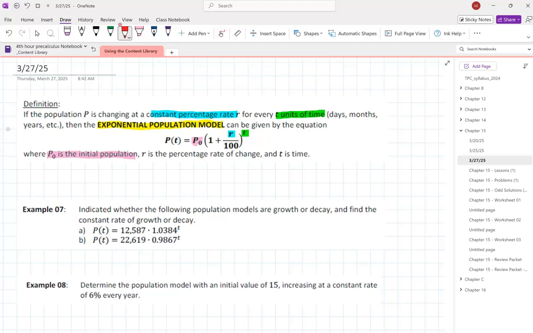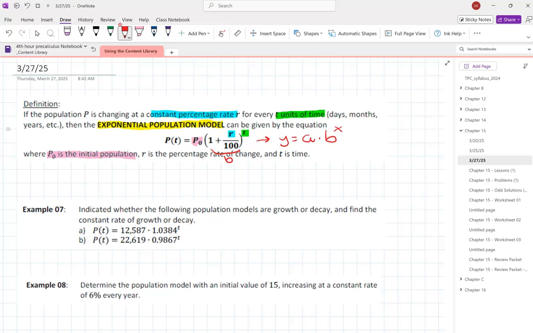So if you squint real hard at this model, you're going to see that it's really just that A times B to the X, where this whole piece is just our B then, right? Everybody okay there?